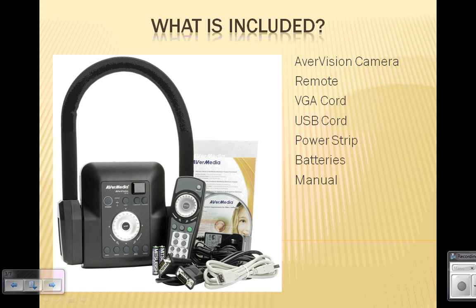These are all components in which, if you are not using, please keep in your box and keep stored in a safe place to make sure if any other time that you may need this stuff that it is all available to you.